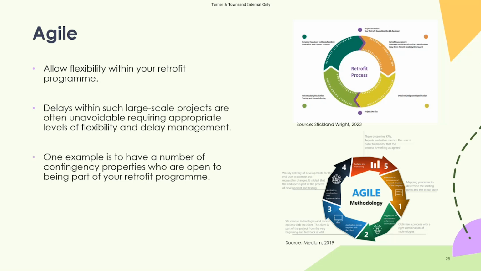One example is to make sure that even though you've done your shortlist appraisal of properties you want for your delivery model, you have in your back pocket for that wider delivery plan, other properties that you can swap in for contingency. Have you spoken to your senior leadership team about what contingency funds there are, if something went wrong? So you can see here there's a diagram of the agile methodology.